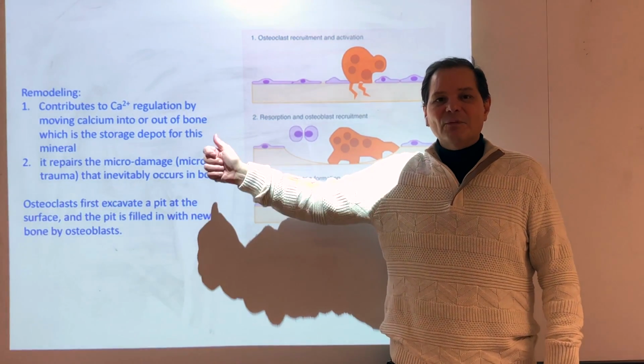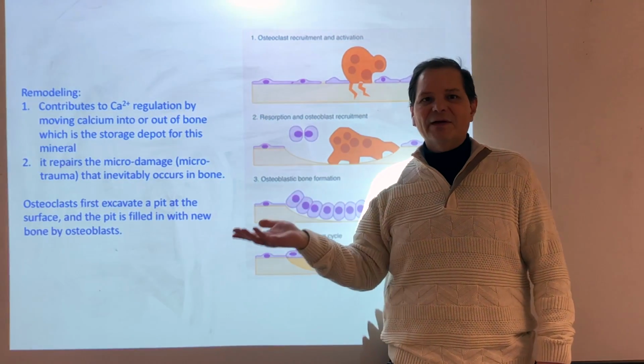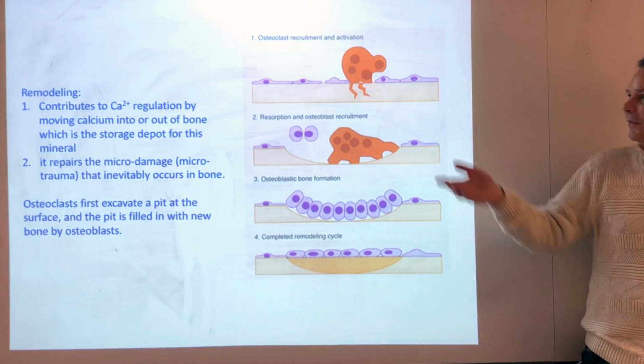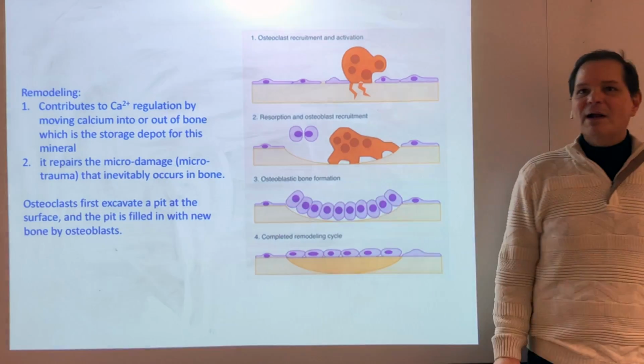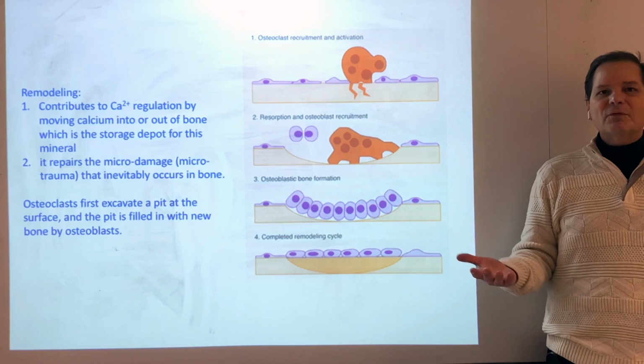Or if you do it the opposite way, you can decrease serum calcium by making the osteoblastic activity more predominant, okay? So both of those are involved in remodeling, and it's basically all revolving around the process of bone turnover.